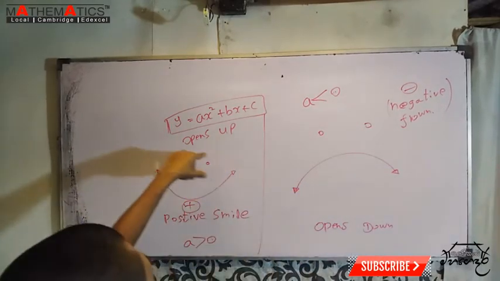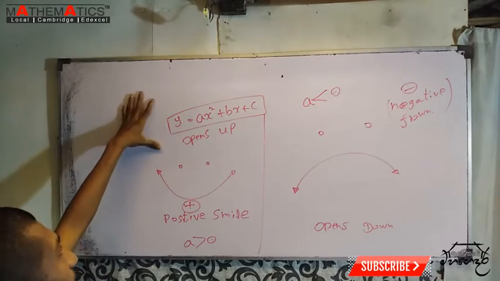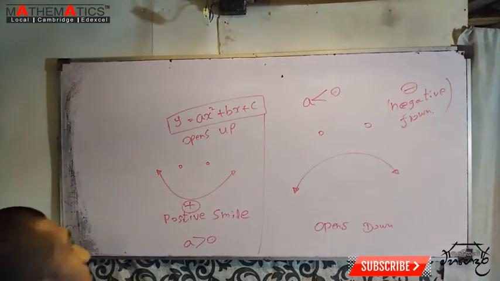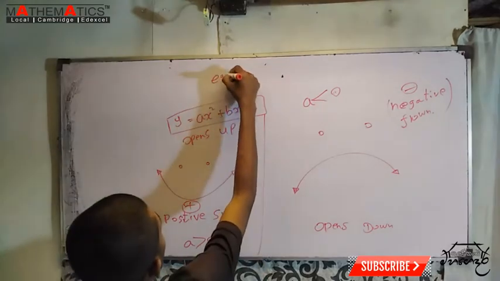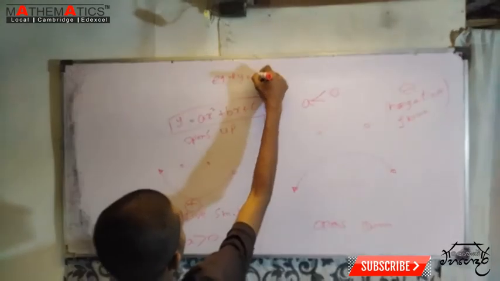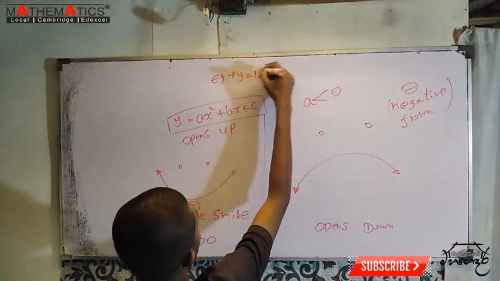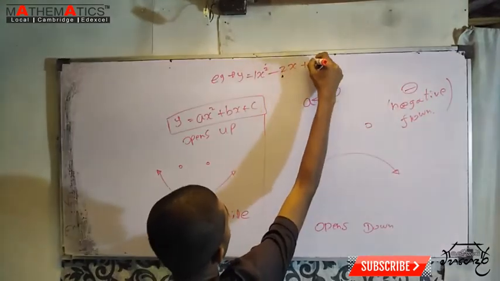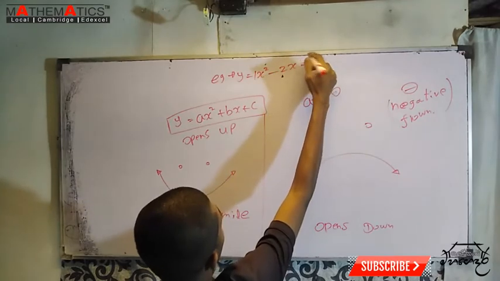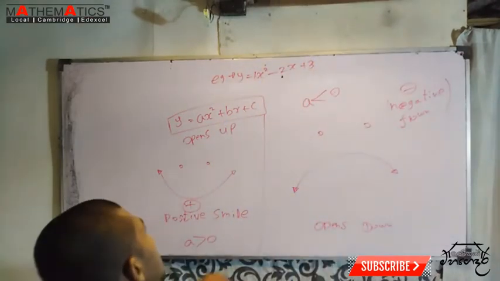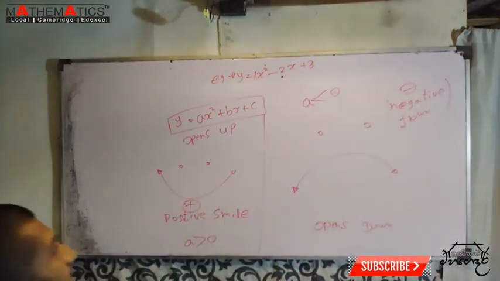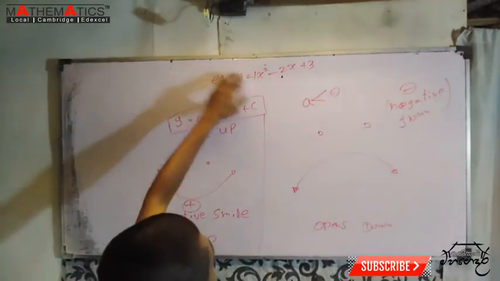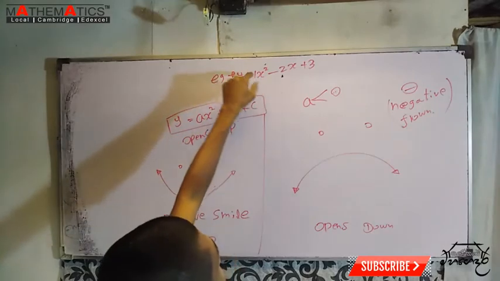And again, you can get the reverse as well. If you have a formula for a graph, like y = x^2 + 1 or y = x^2 - 2x + 3 or anything, you can define what type of graph you can plot from this formula.